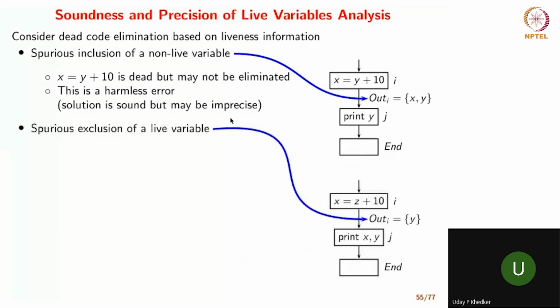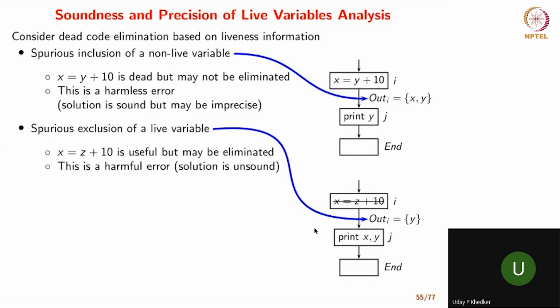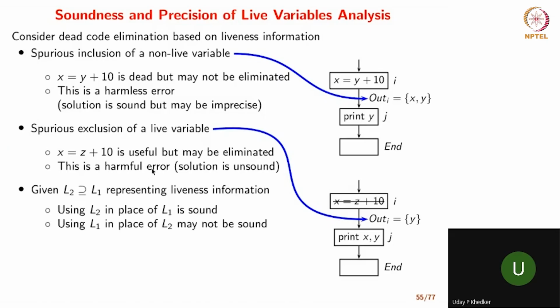The other possibility is spurious exclusion of live variables. Here we have X and Y as both live, but we marked only Y as live. We missed out marking X as live. Here, X is equal to Z plus 10 is useful because its value is used in printing here, but it may be eliminated. This is a harmful error and the solution is unsound.